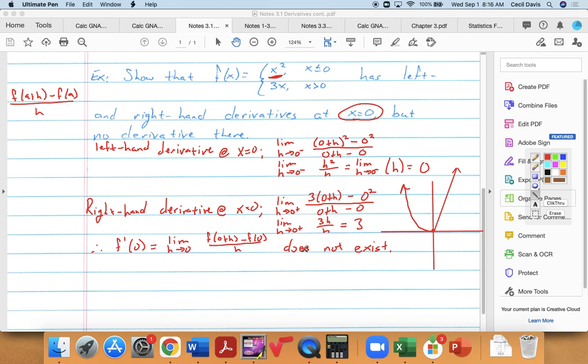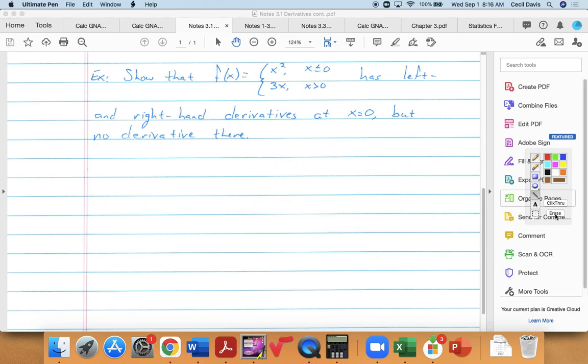Now, you bring up a really good question there, though, with the jump discontinuity. Just real quickly, erase all of that. Let's say that you had something that had a jump discontinuity. Let's say we were trying to find the derivative of something at 1. And at 1, this is equal to 1.